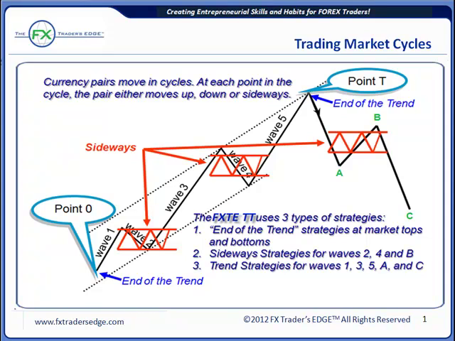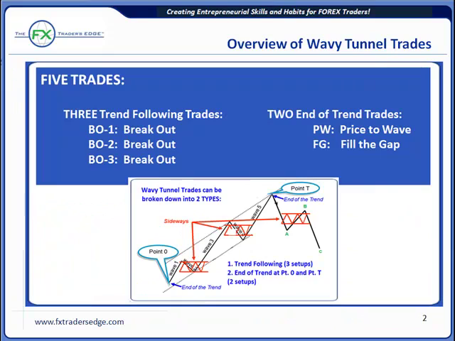There are 3 types of strategies that a trader can use: the end of the trend strategies at market tops and bottoms, sideways strategies, and the trend strategies for the trend moves. Now we're going to show this revolutionary system, and we're going to name this system. The system is called the Wavy Tunnel.